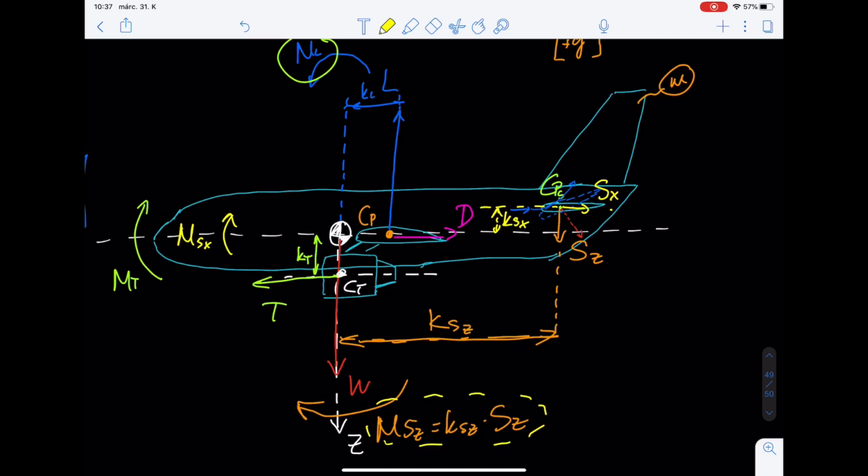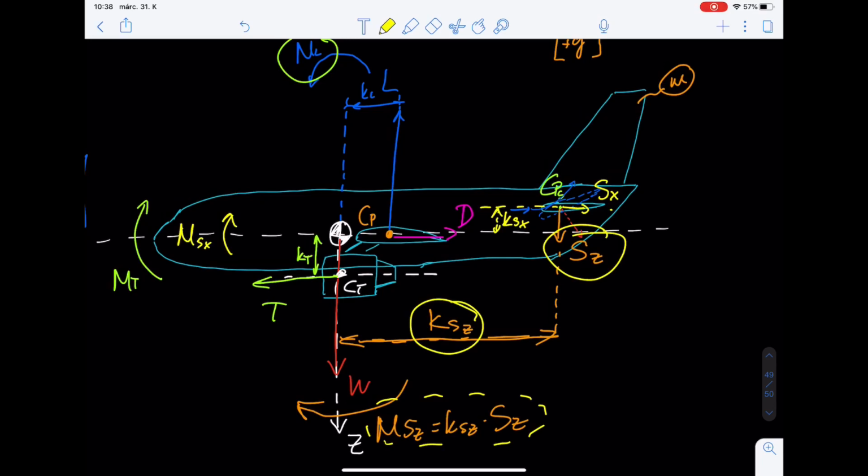So both components are actually helping to generate this pitch up moment. But of course, the effect of the Z component is much stronger because the arm is much bigger, and usually this component of the two forces is usually bigger as well.